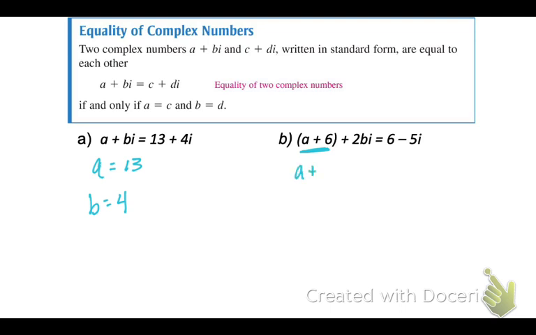So A plus 6 equals 6, so I subtract 6 and get A equals 0. And so 2B equals what? Negative 5. So B equals negative 5 halves. So real to real, imaginary to imaginary.